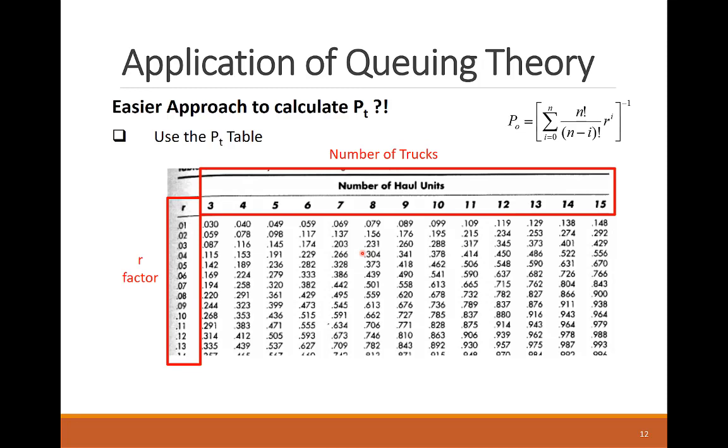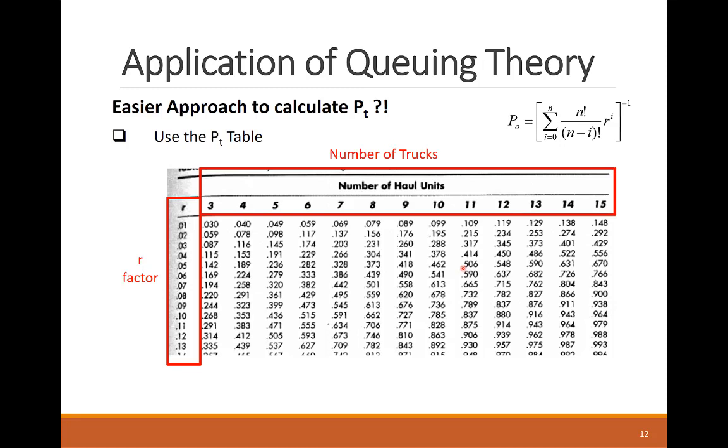There is another quicker way to calculate PT to avoid using the ugly formula of PO. We can use the PT table, which is organized by the N values in the column header and the R values in the rows headers. As shown, for each pair of N and R values, you can easily identify the PT probability value in decimal form.